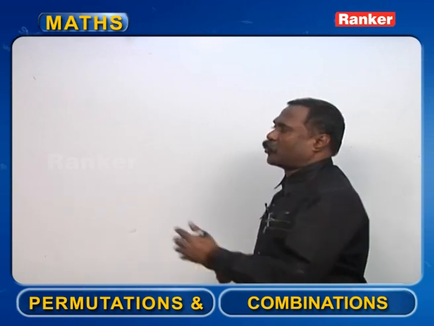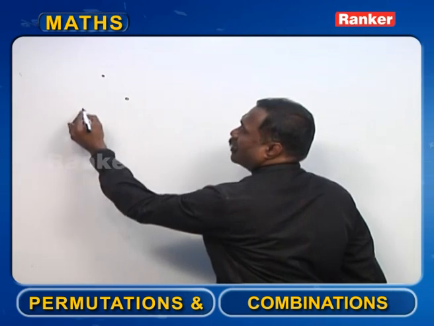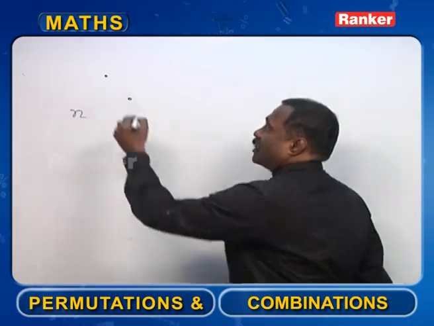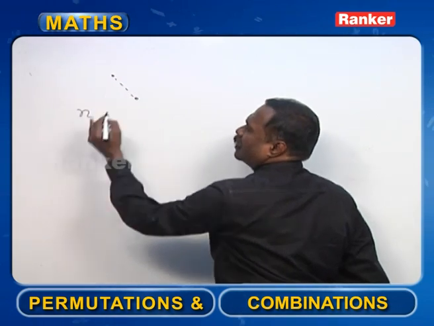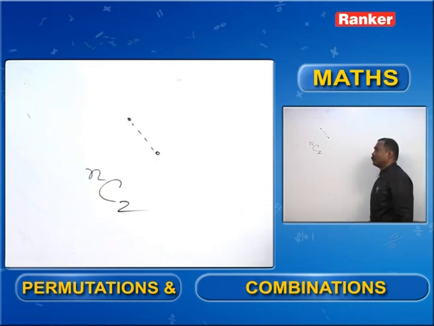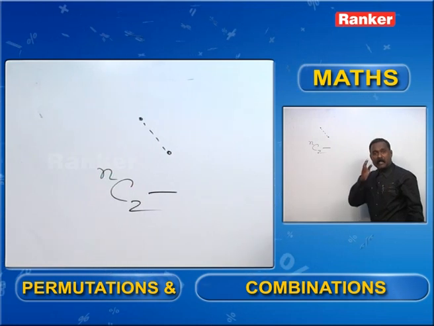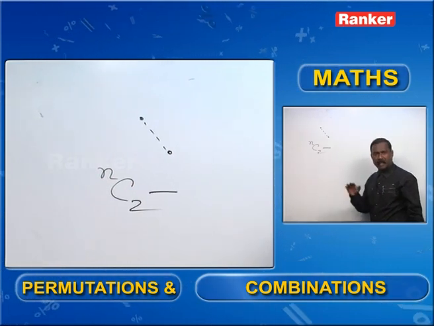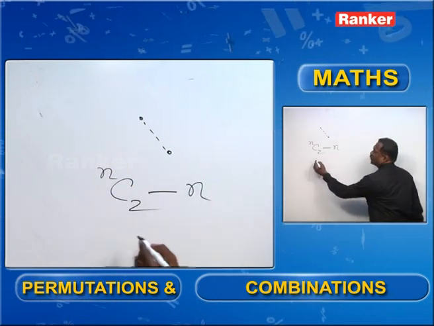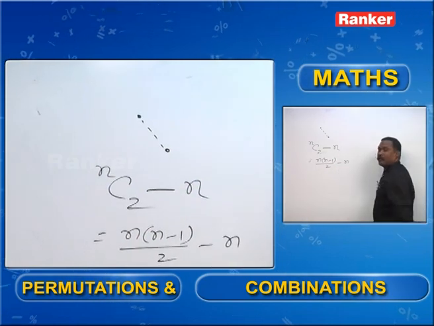So a diagonal requires 2 points. An n-sided polygon will have n vertices. From n vertices, how many do I need to form the diagonal? 2 I need, so NC2. But in these diagonals, n are sides. So NC2 minus n, which is n into (n minus 1) upon 2 minus n.